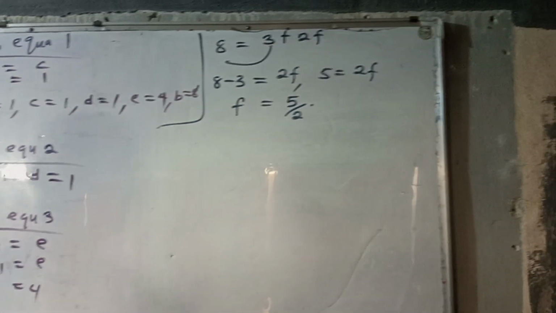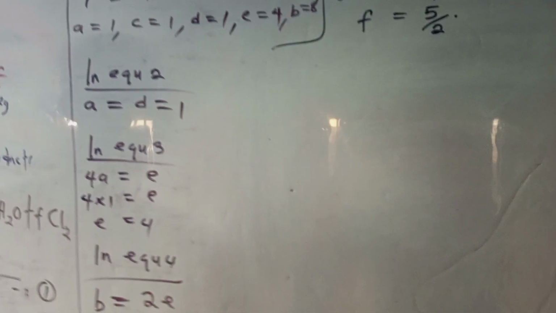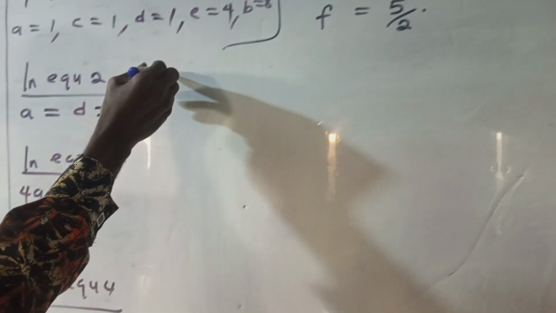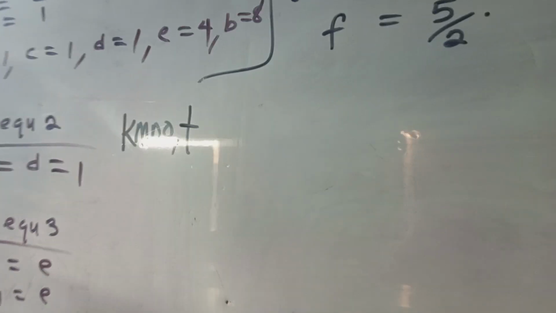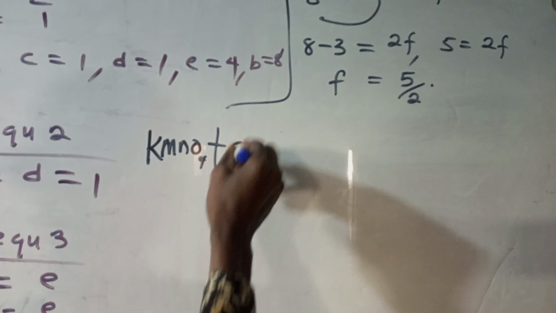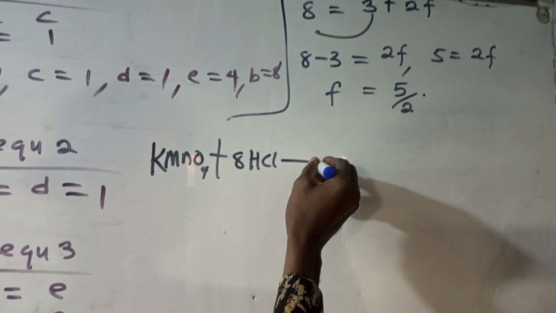Now what we do next is to bring these values back into the equation. For my A, 1, so I have KMnO4 plus. For my B, I have 8HCl to form.